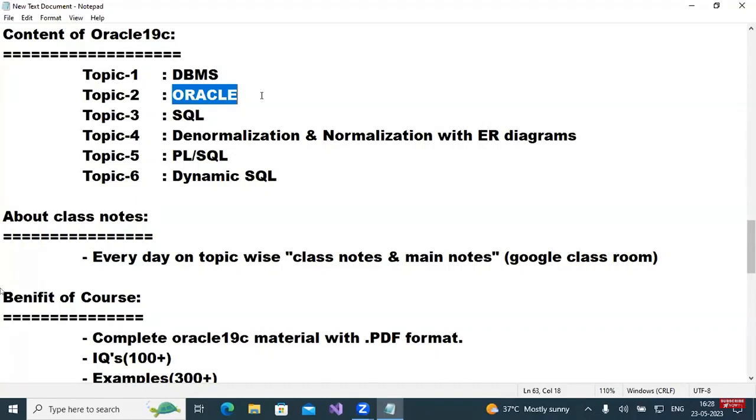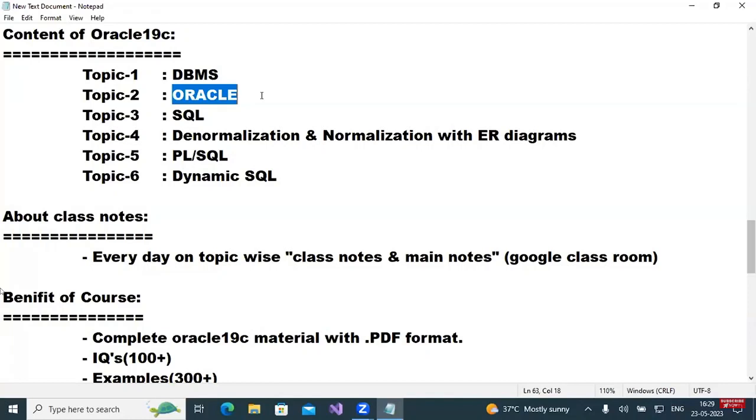From 12C onwards, why did people call it 12C, 18C, 19C, 21C? What does C stand for, and why was that name given? Later we will discuss the 10G and 11G differences. Going to earlier days, 9i is there, and Oracle 8i version.